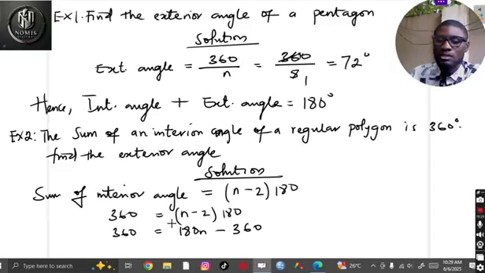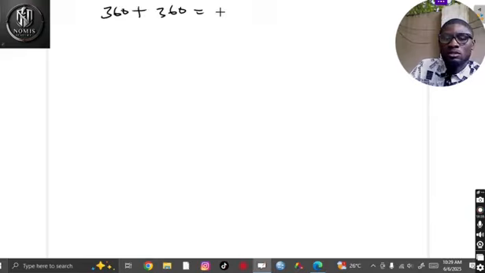The minus 360 goes to the other side and becomes plus. So 360 plus 360 is equal to 180n, that's 720 equals 180n.